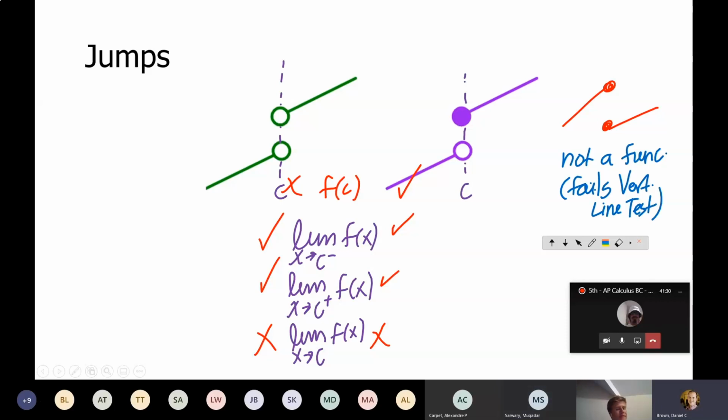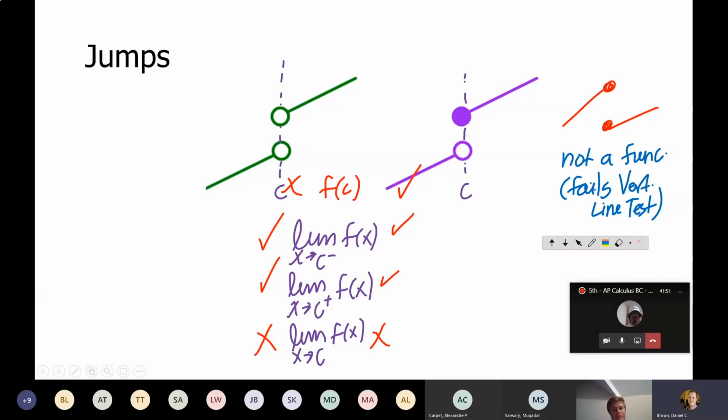In calculus, when we talk about limits, we're mainly going to stick to actual functions. Since you have more than one y for each x, we would technically say that's not a function. Any other questions?